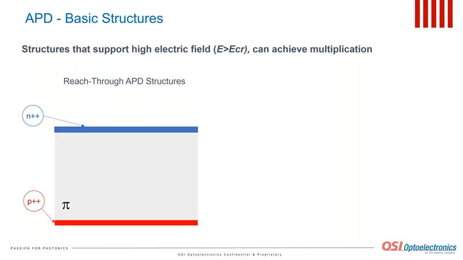Consider a slab of lightly doped p-type silicon with heavily doped anode on the bottom and cathode on the top. Theoretically, we can apply reverse bias, and at a certain bias value, the electric field might reach its critical value. However, as everybody knows, the structure shown in this image will never support high electric field since an early breakdown will occur at the edges of the chip.